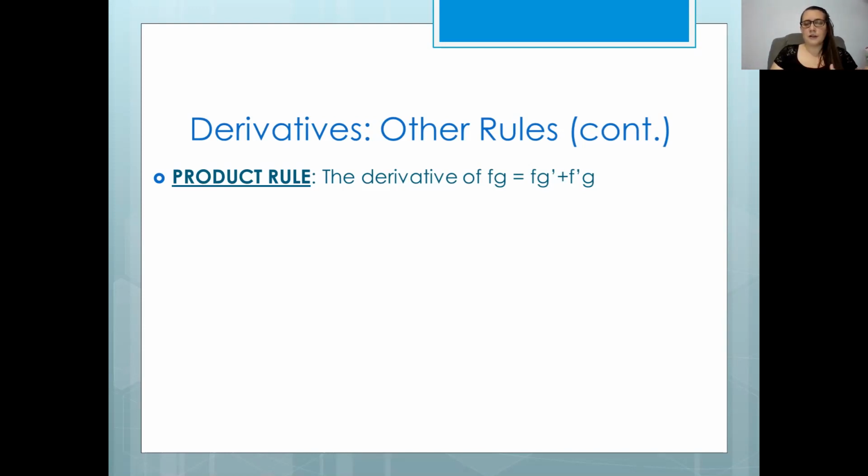So if we have a function that's two things multiplied together, the derivative of f times g is f times g prime plus f prime times g. Another way to just kind of say this rule is the first times the derivative of the second plus the second times the derivative of the first. And hopefully this will make a little bit more sense once I show you an example.